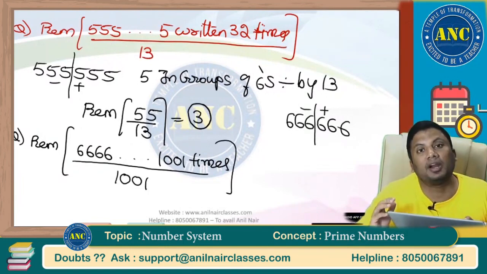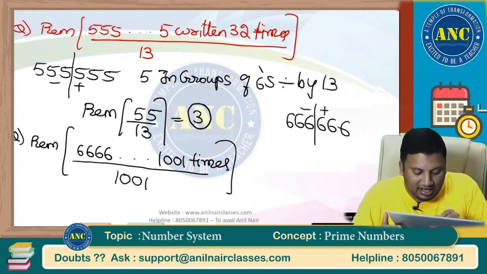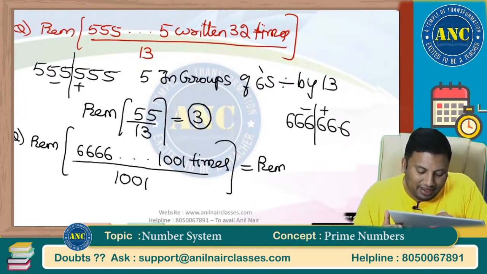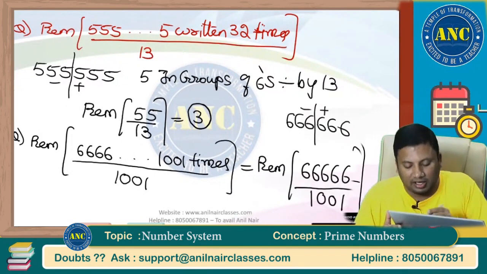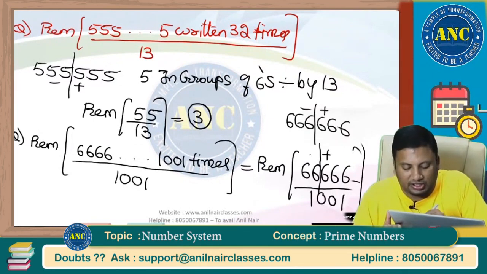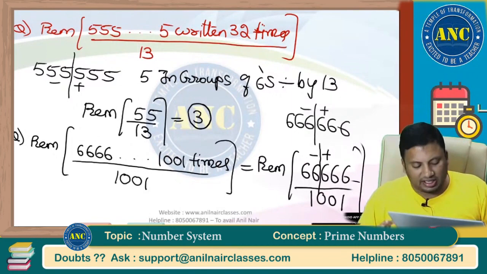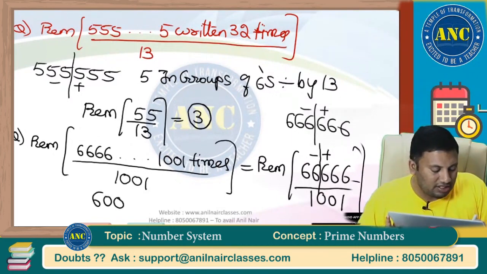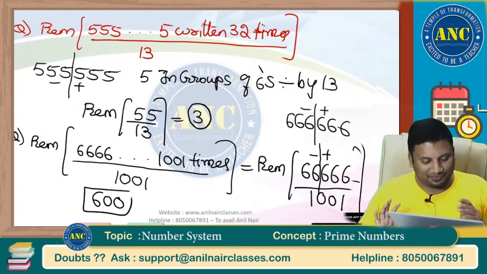What is the multiple of 6 that goes up to 1001? 996. How many 6s are remaining? 5 6s are remaining. Divided by 1001, take a group of 3 digits, alternatively plus minus. 666 minus 66. What is the answer? 600. I hope the idea is clear.